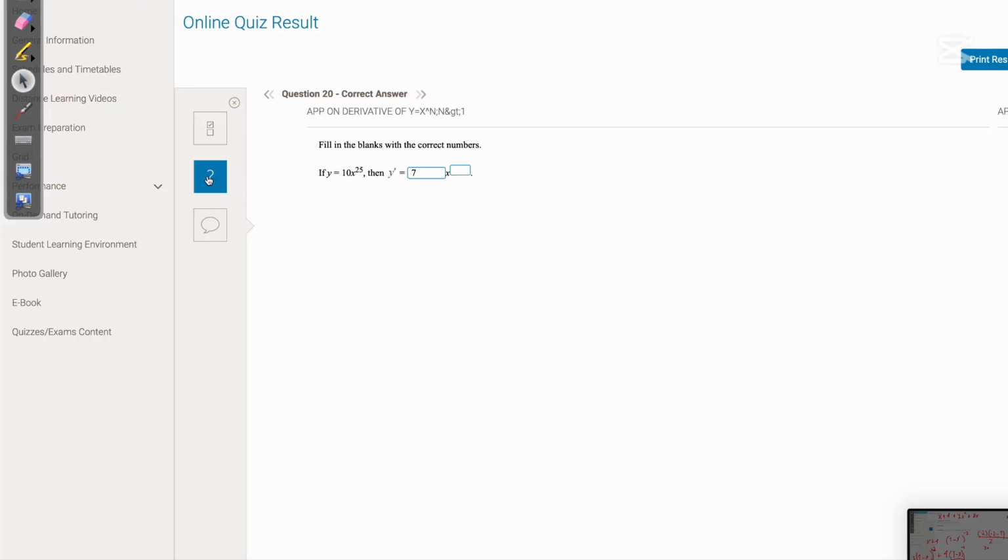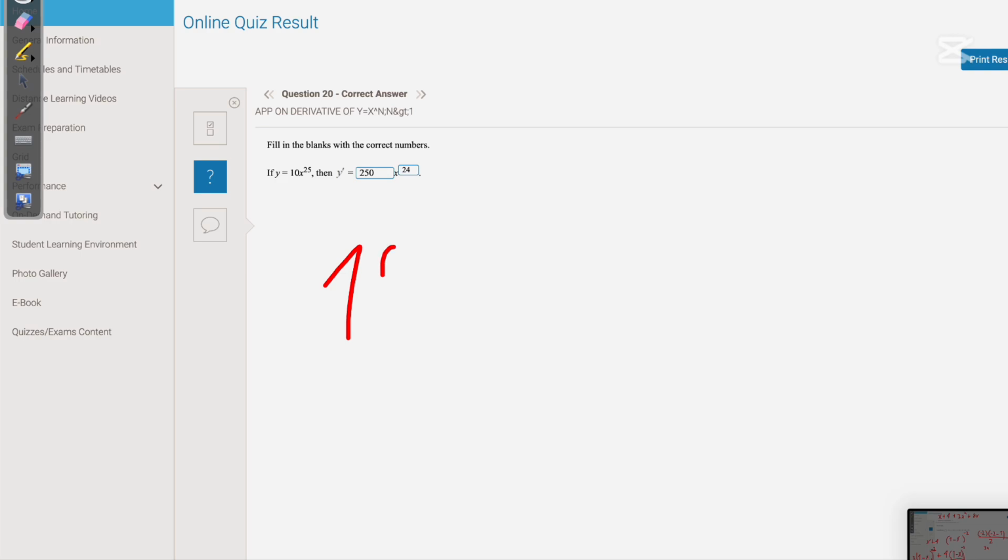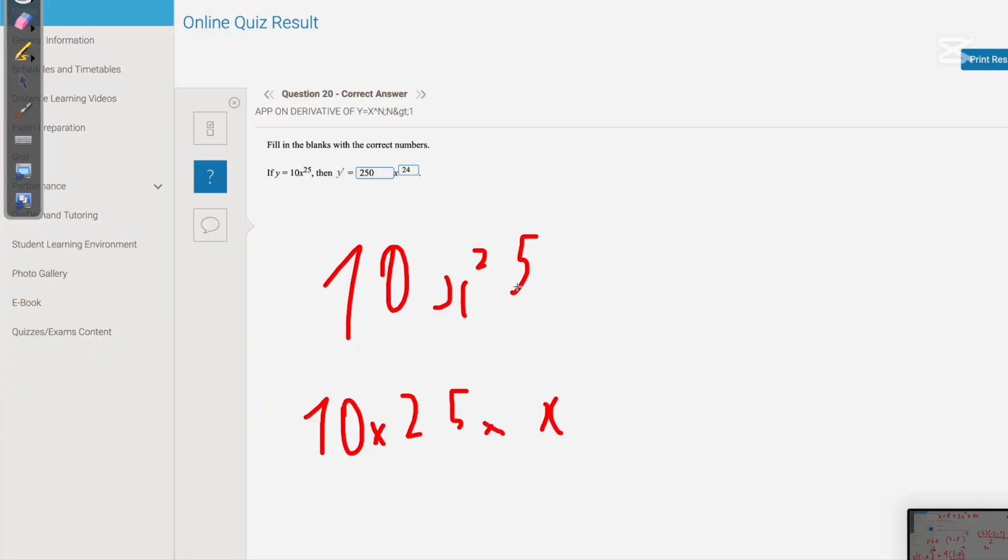Number 20. If y is equal to 10x to the power of 25, then y prime is equal to. Here we do 10 times the power times x to the power of 25. So it's 10 times 25 times x to the power of n minus 1, which is 25 minus 1, which is 24.